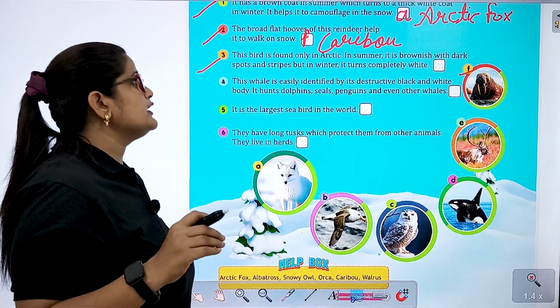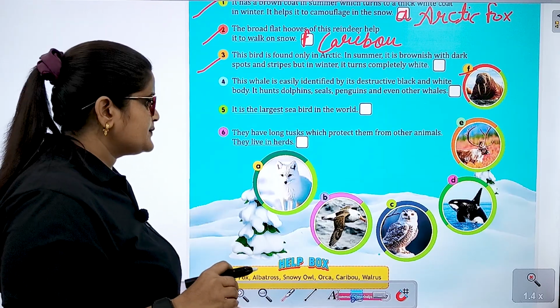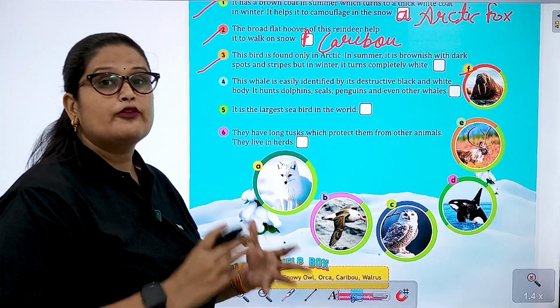This bird is found in the Arctic in summer. It is brownish with dark spots and stripes. But in winter, it turns completely white.